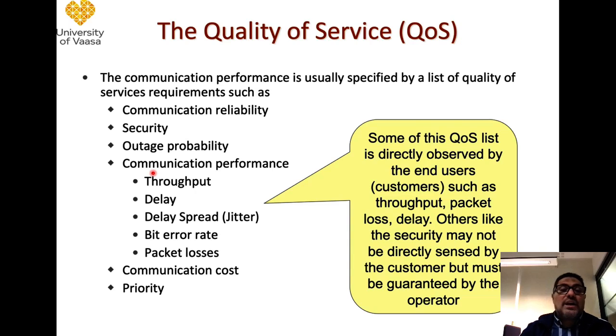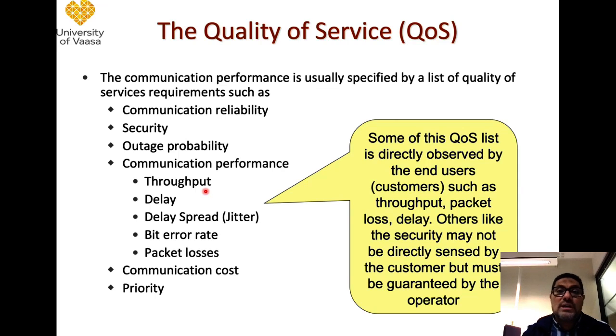In the communication performance itself, we have the throughput. What is the throughput? The throughput is the information rate. The throughput is different from the data rate. For example, you can have a data rate of 1 megabit per second, but not all of this 1 megabit per second is information.